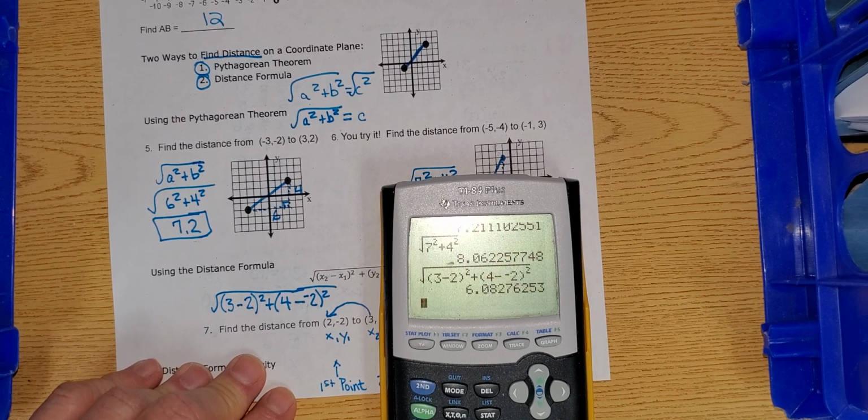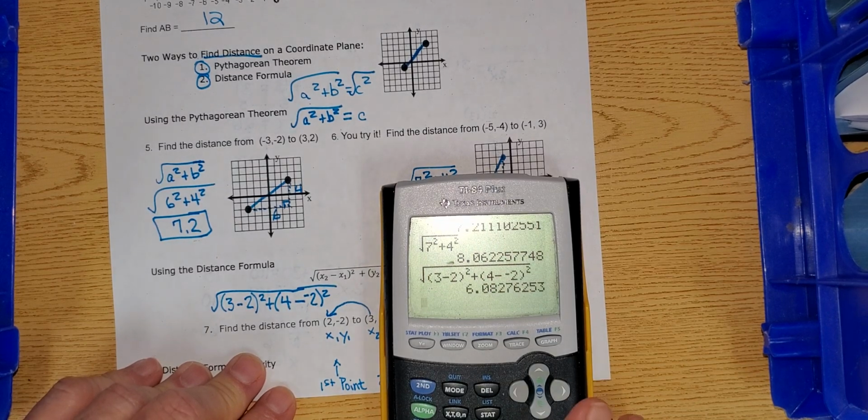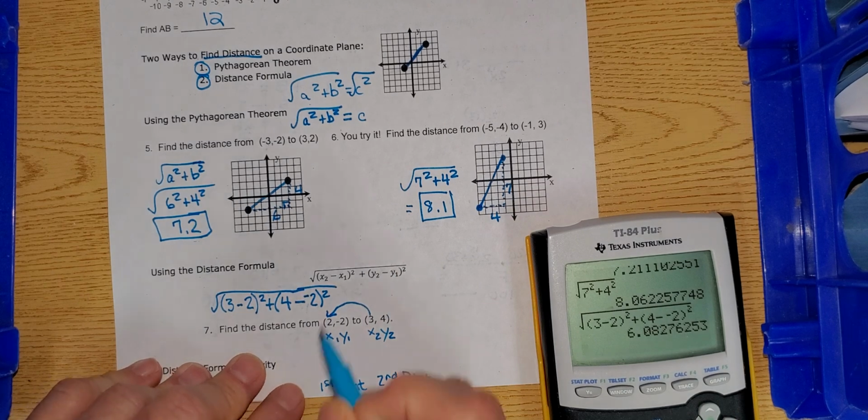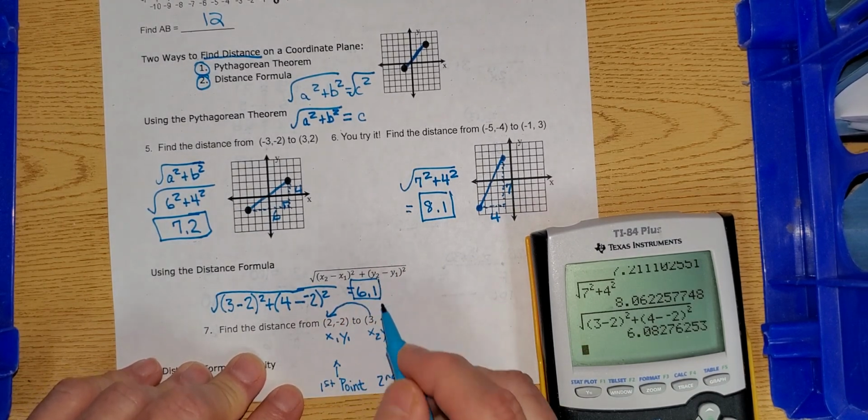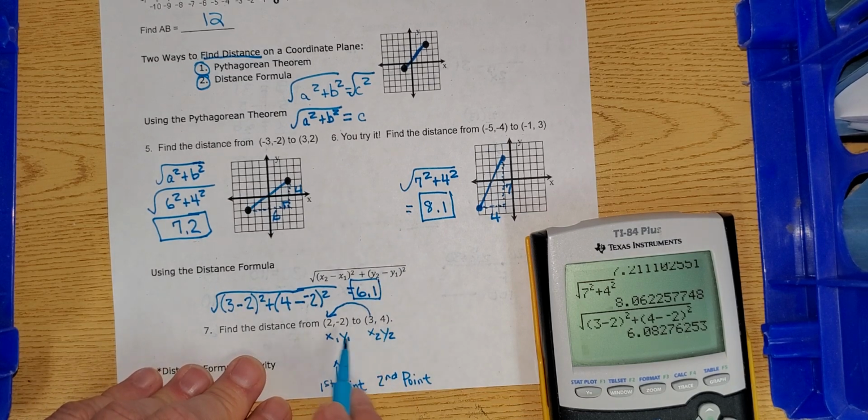So I just hit enter. That's 6.08 or 6.1. So this is equal to 6.1, and that's the distance from this point to this point.